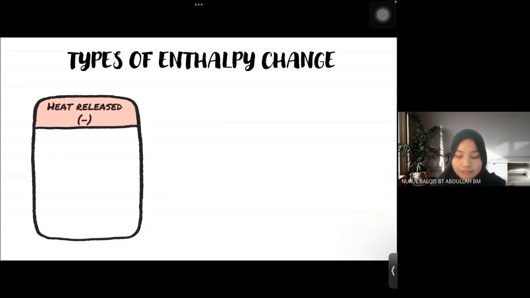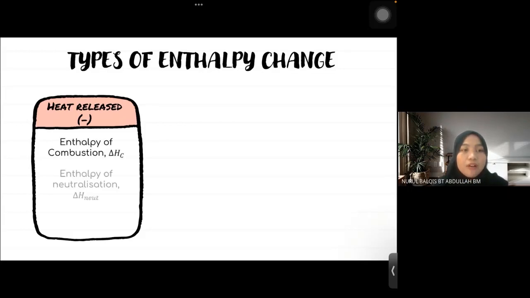Now, we have 3 types of enthalpy change. Okay, enthalpy, your delta H, it can be negative. It can also be positive, or both positive and negative. If negative, we call it heat released. Under heat released, we have 3 enthalpies involved: enthalpy of combustions, enthalpy of neutralizations, enthalpy of hydrations.